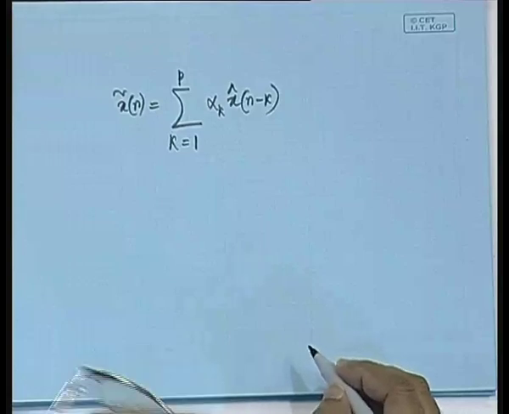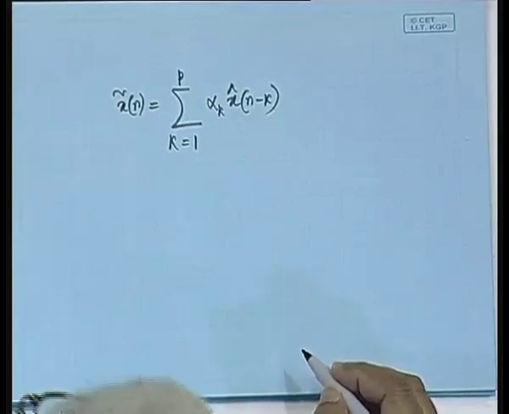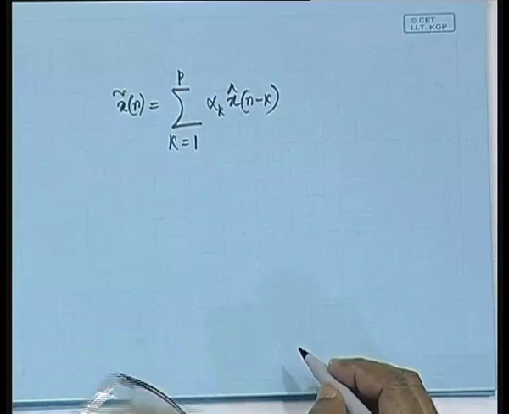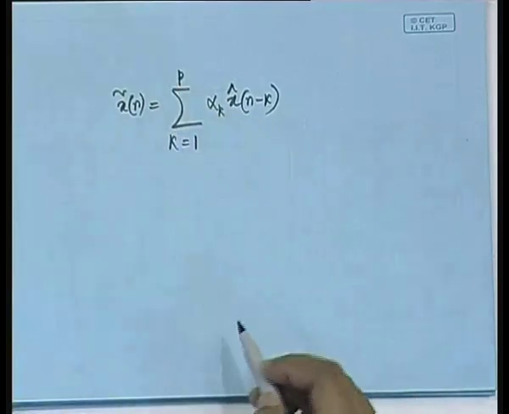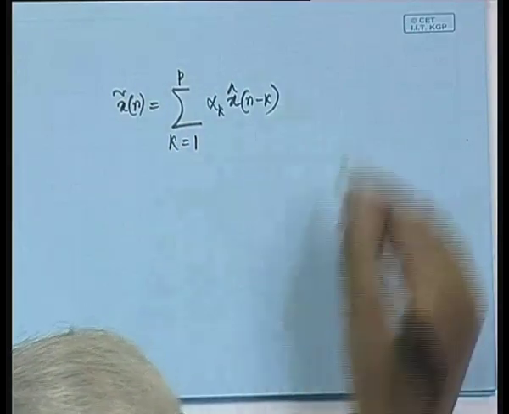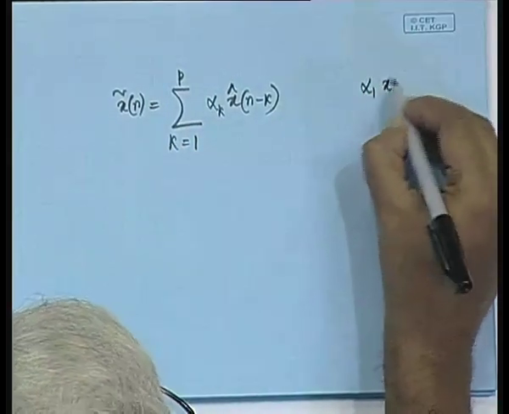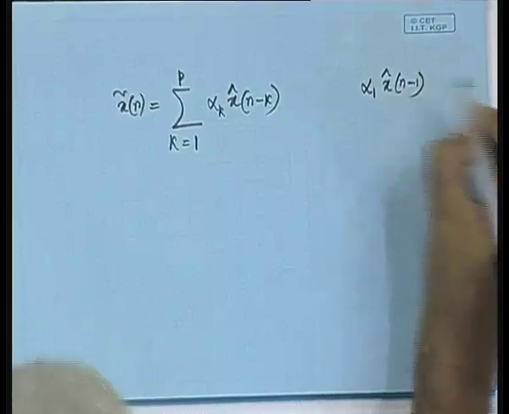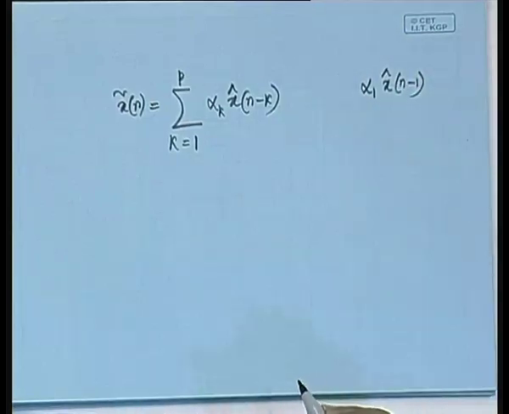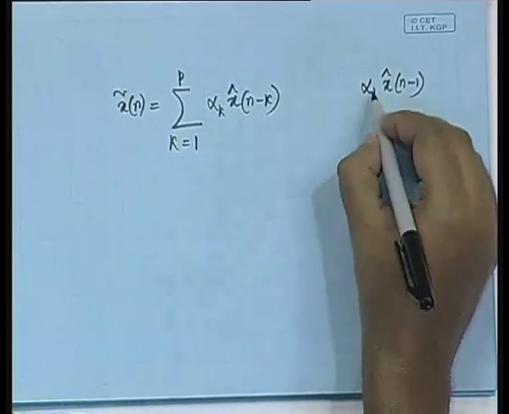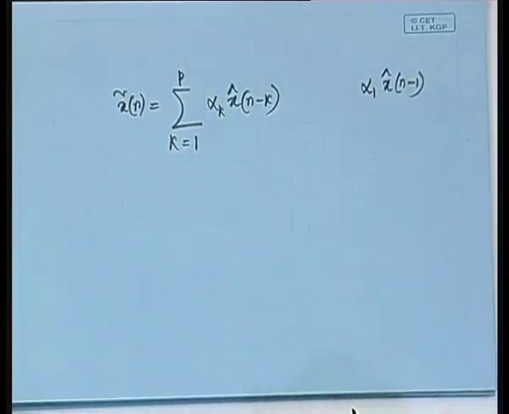Now let us look at the significance of this equation. When k is equal to 1, the first term in this summation, we have alpha 1 times x cap n minus 1. What is n minus 1? The immediate previous sample, and this is getting multiplied by alpha 1.